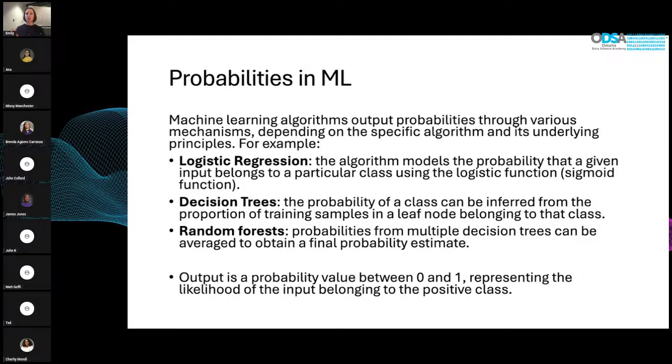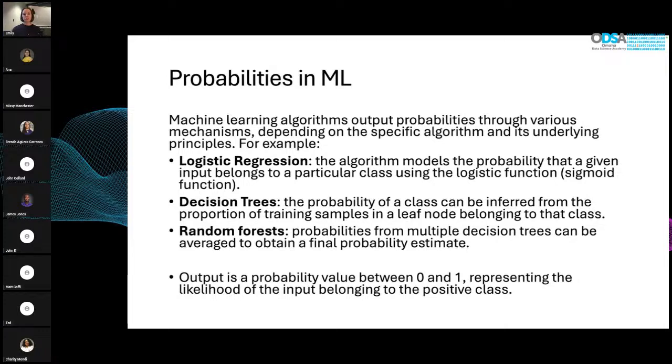So machine learning algorithms, that's kind of the theory of probability. Machine learning algorithms try to output probabilities through various mechanisms, basically through various algorithms. Everything we talked about in the last class, these methodologies attempt to output probabilities assigned to given classes, if we're talking about binary classification.